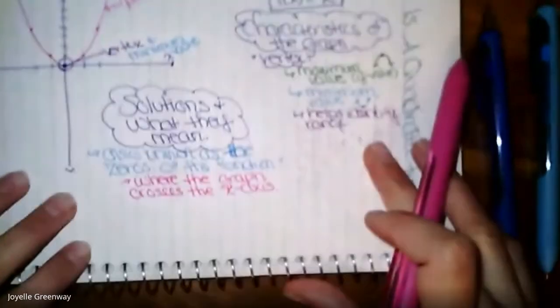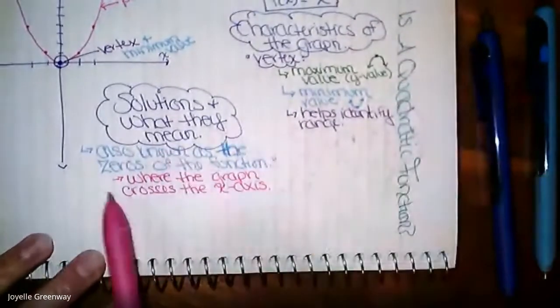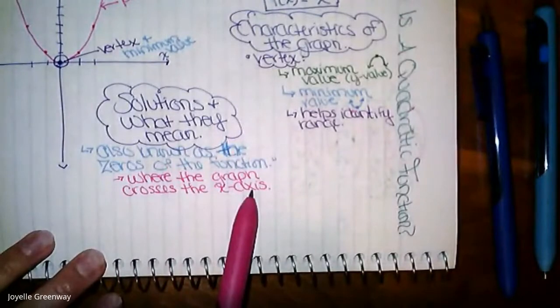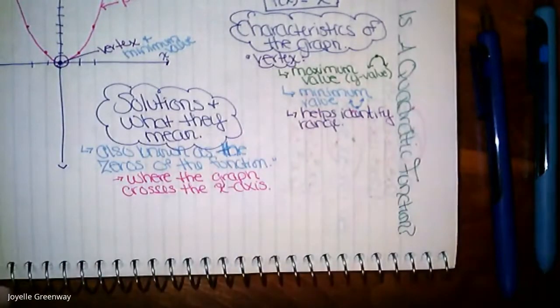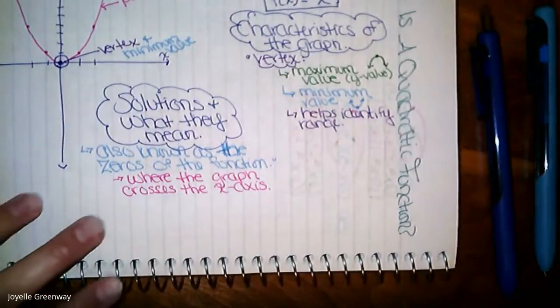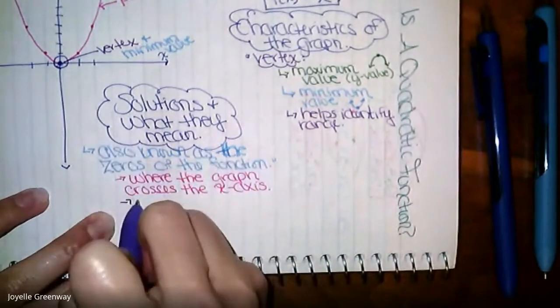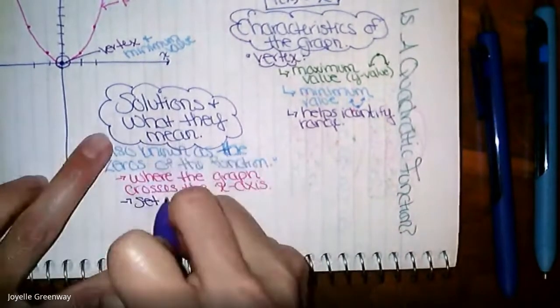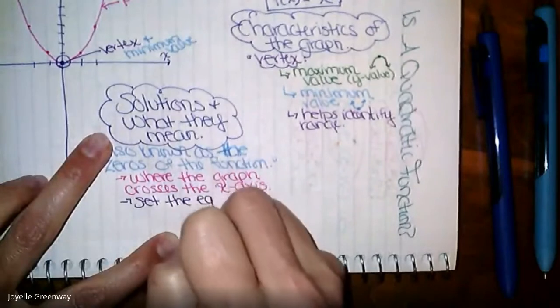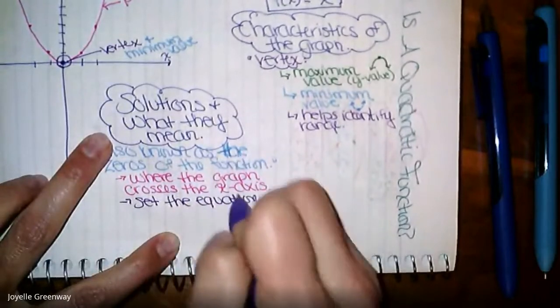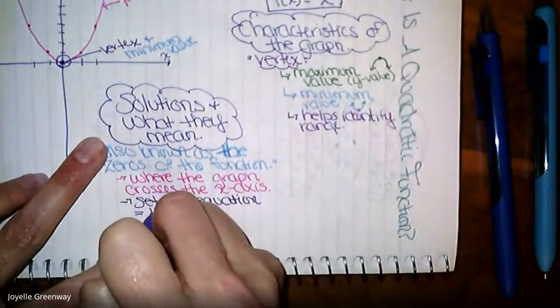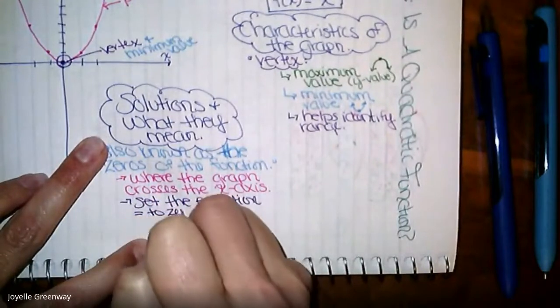Okay? So when you're solving it, you're finding where the graph crosses the x-axis and you set the equation equal to 0.